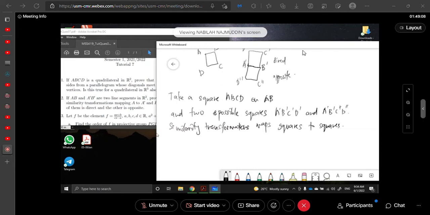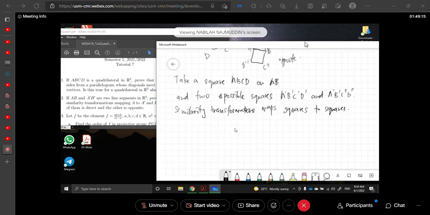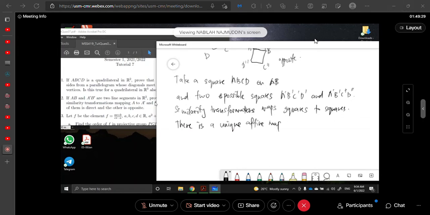Meaning if you have a square, it still maps to another square. So because it maps square to square, there is a unique assignment taking triangle ABC to triangle A prime B prime C prime.